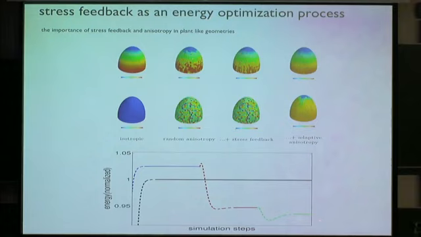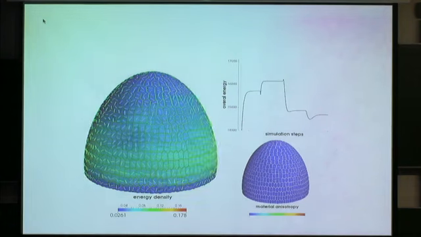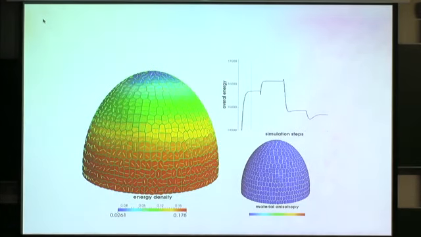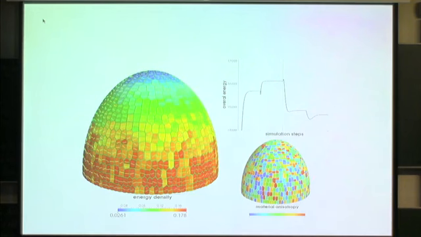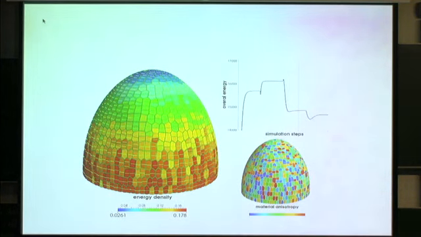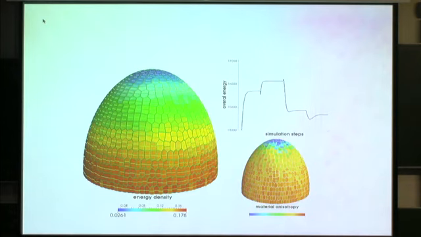So the minimum overall energy on this template is when we have the feedback both on the direction and the degree of anisotropy. Okay, this is a movie of this, and you can see how the energy changes. Here the material anisotropy is shown, and the final step is when the material adapts itself to the stress anisotropy.